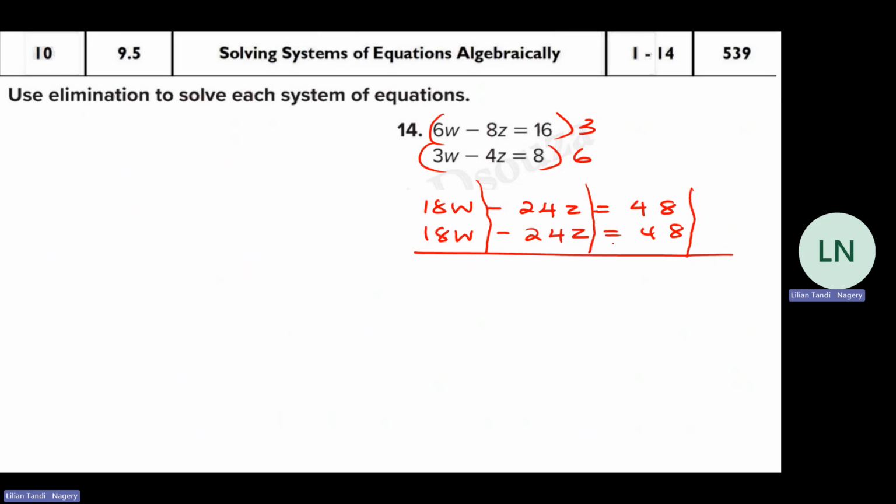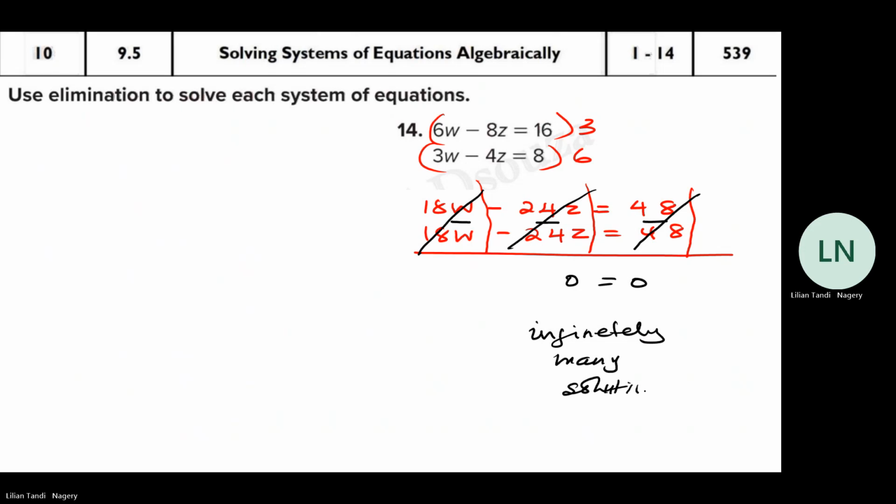It's the same equation, infinitely many solutions. Notice the equation is the same. Who are we eliminating? W. So we'll subtract. When we subtract, this becomes 0, this becomes 0, this also becomes 0. 0 equals 0, infinitely many solutions. Box your answer.